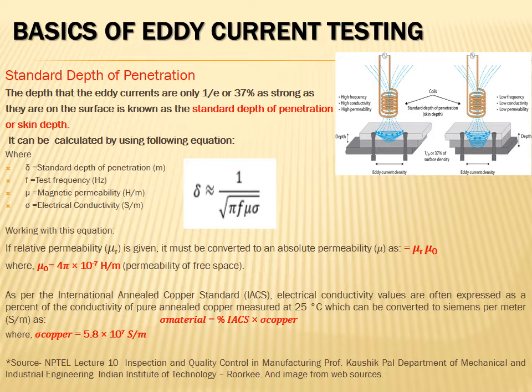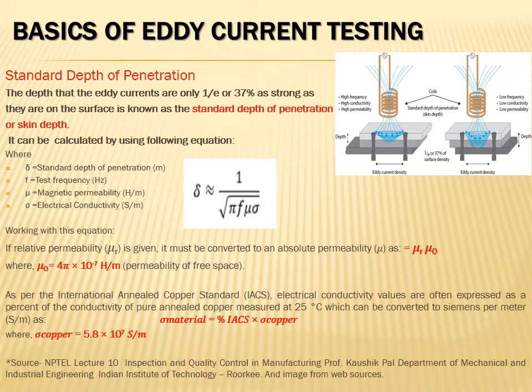If you see the top image on that slide, there are two images parallel to each other. The first one, on the left hand side, is the case for high frequency, high conductivity and high permeability material, and the other one is the case of low frequency, low conductivity, low permeability.